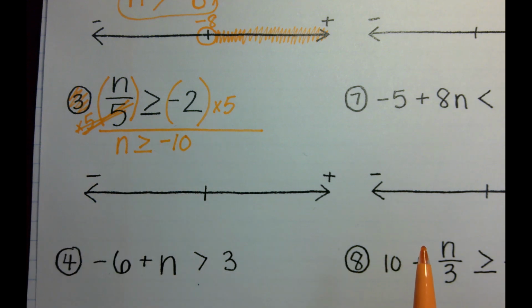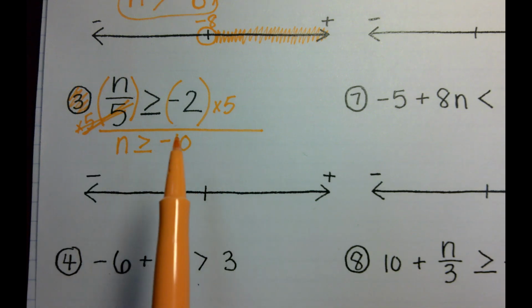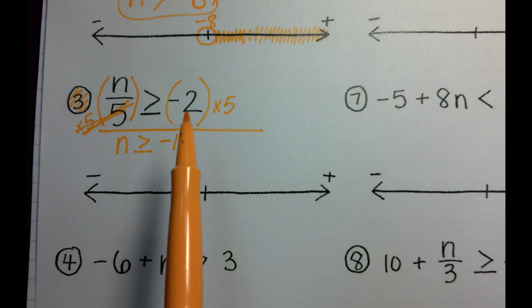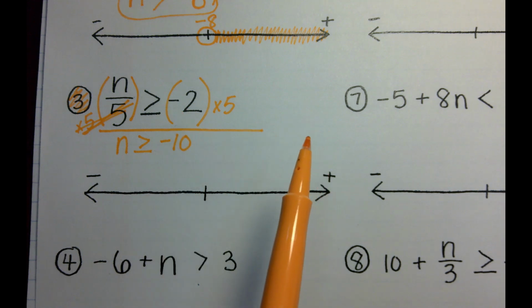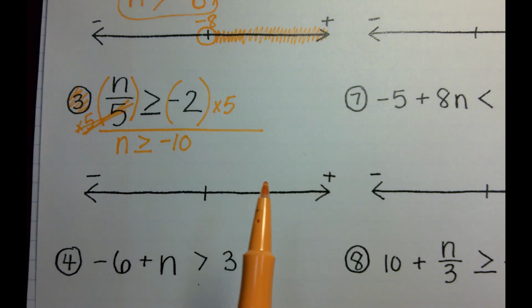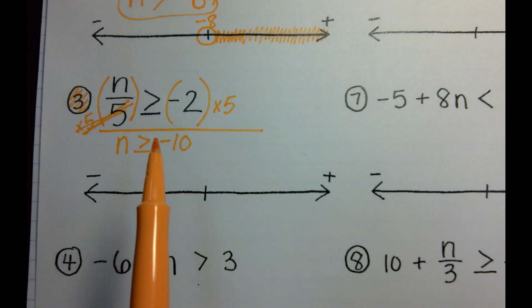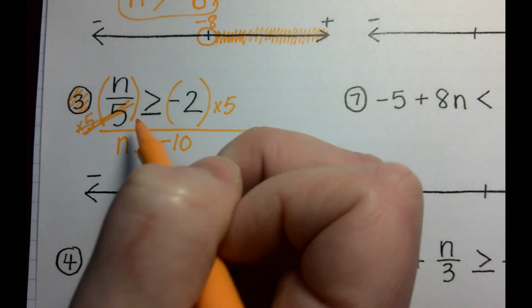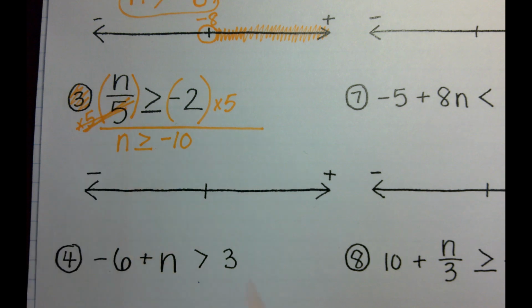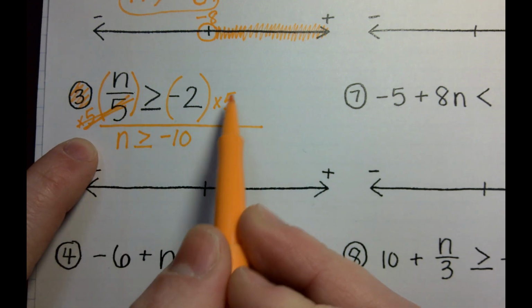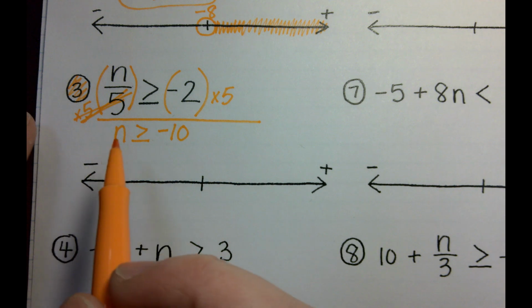No, because you're not multiplying by a negative. No, you wouldn't. Now this is tricky because you think, well, I am doing -2 times 5, so I am kind of multiplying by a negative. We only change the sign if we're multiplying by a negative that is being separated from the variable. So if this was -5 over here, then we would flip the sign.